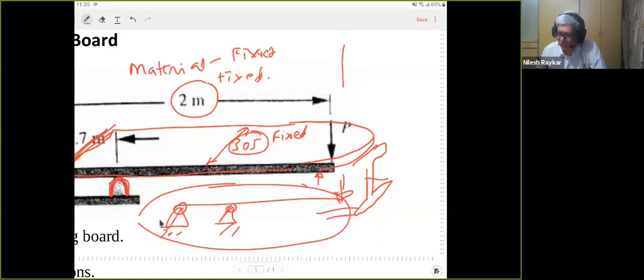That is correct. Or one can, in general, talk about having a sort of elliptical shape there. But then the person cannot move to the tip of the board where he will get the maximum jump or maximum flexing.